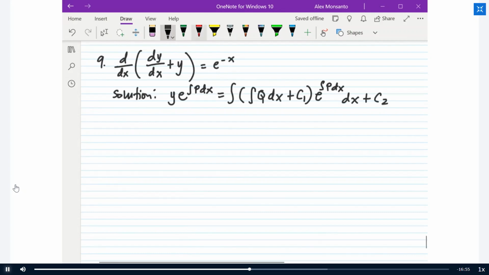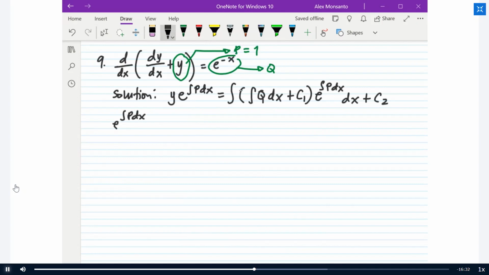So, kailangan lang ma-identify natin sino yung p at sino yung q. Well, dito sa kasong to, dito tayo kukuha ng p. So, dito ang p natin will be equivalent to 1. No? Then, ito naman yung magiging pinaka q natin, yung e raised to negative x.